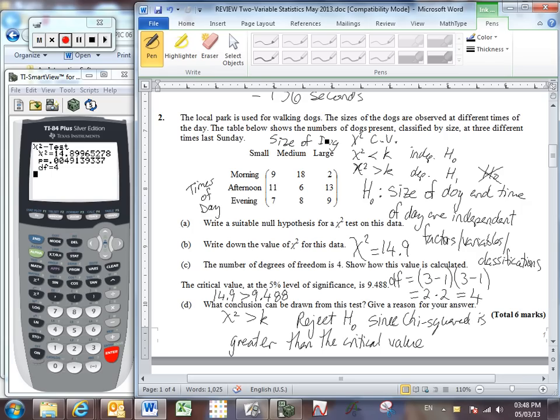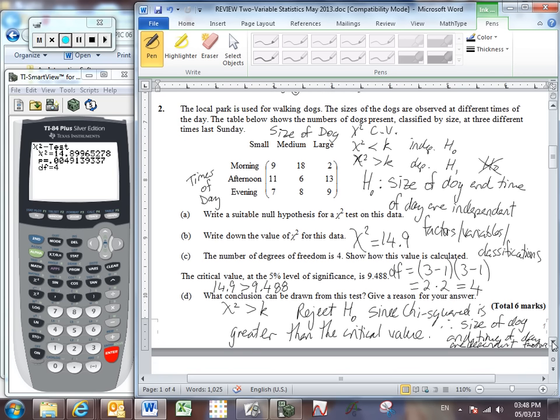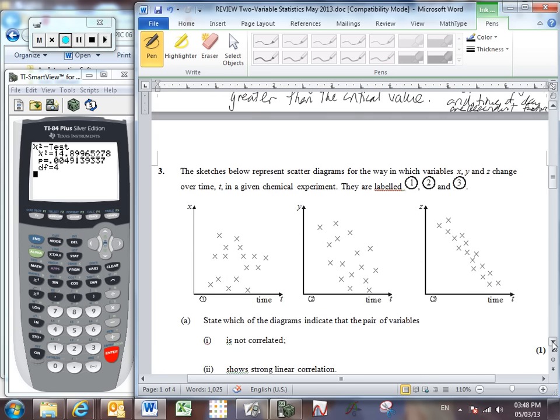It might be that bigger dogs need to go for walks more often. So we can say then that therefore size of dog and time of day are dependent factors. Alright? Let's go on to number 3.